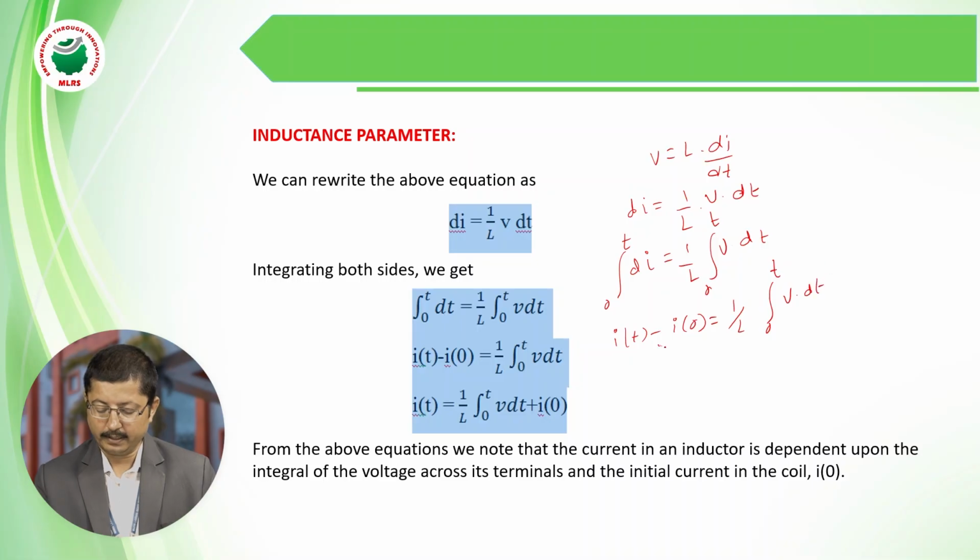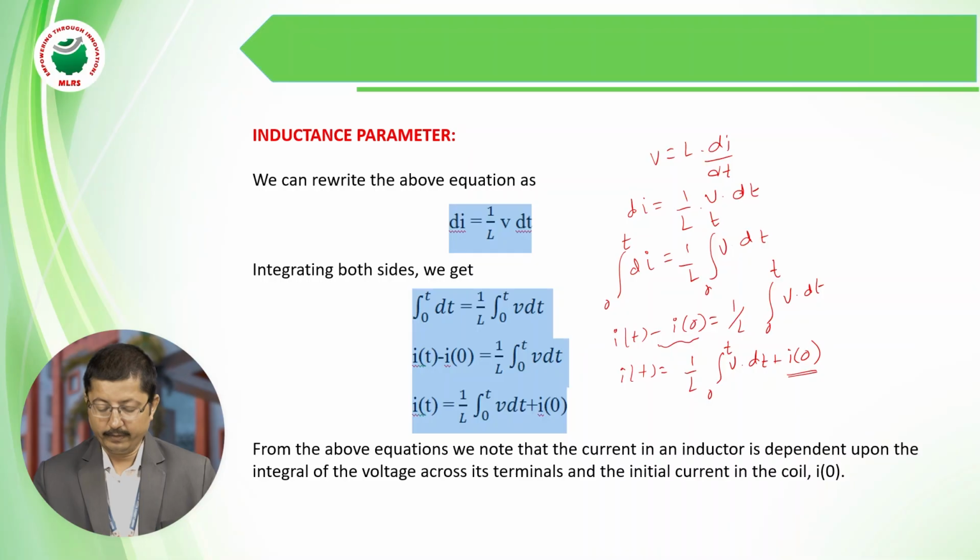Taking the negative term to the right-hand side, I of t equals 1 by L integral 0 to t of V dt plus I of 0. Here I of 0 is nothing but the initial current in the coil.